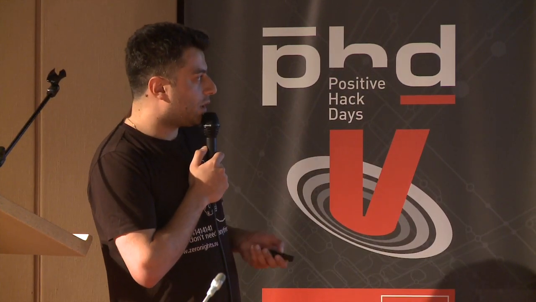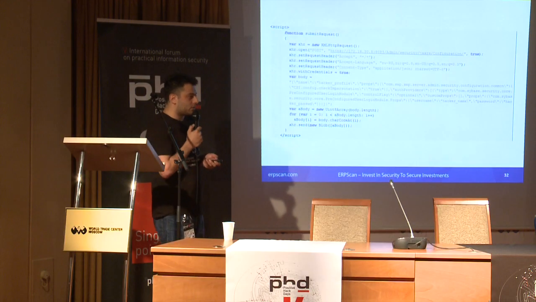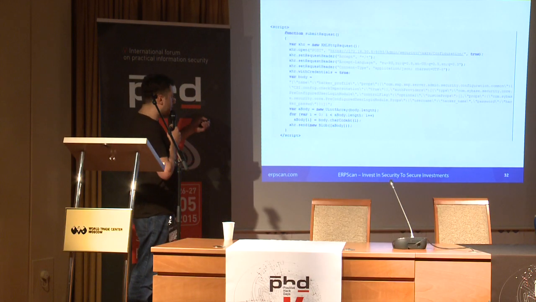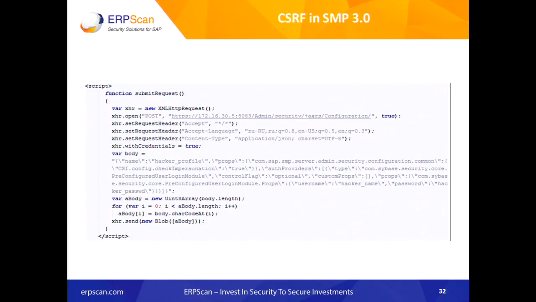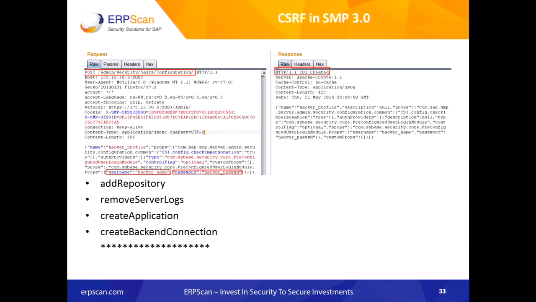So we have discovered a CSRF vulnerability. For example, the admin goes to a certain site to look at some pictures, for example cats, and the attacker, knowing in advance that he will follow this link, injects into this page JavaScript code of the following content. After the administrator opens this page, this JavaScript code sends a request to SAP Mobile Platform.